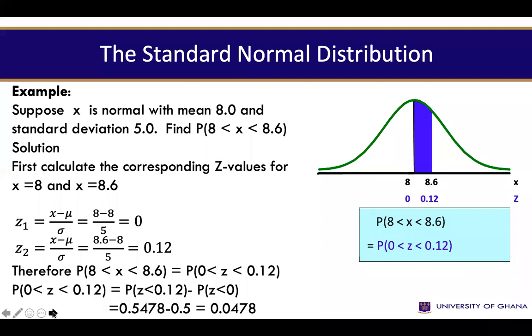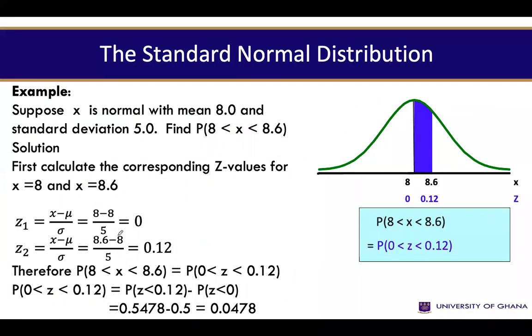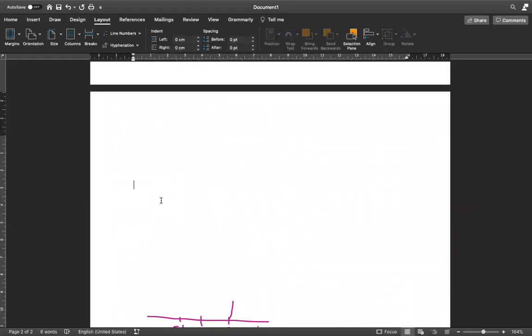The first step is to standardize. How do we standardize? We said that Z is equal to X minus mu, all divided by sigma.